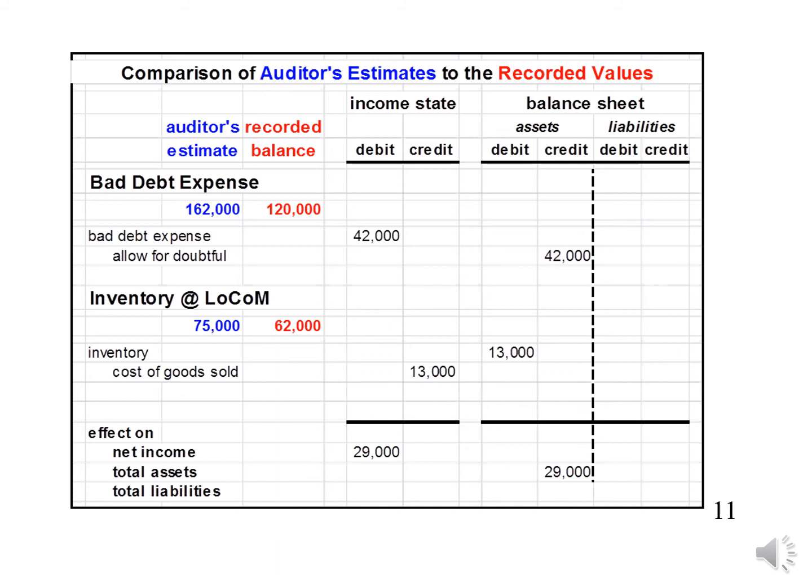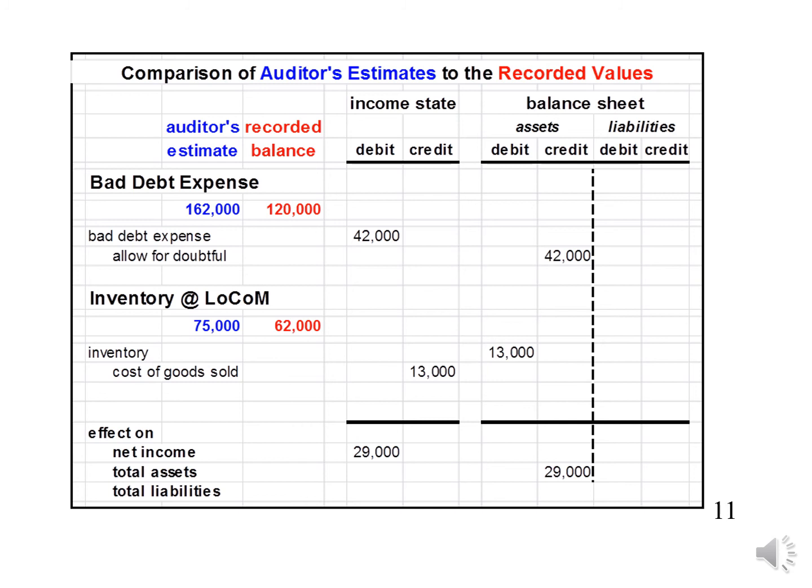Bad debt expense. So we're going to keep track of these estimates. We estimate bad debt expense should be $162,000. The client recorded $120,000. We estimate inventory at lower of cost or market should be $75,000. The client recorded it at $62,000. So we can keep track of the income statement. It's just keeping track of debits and credits. I don't care what the account title is.